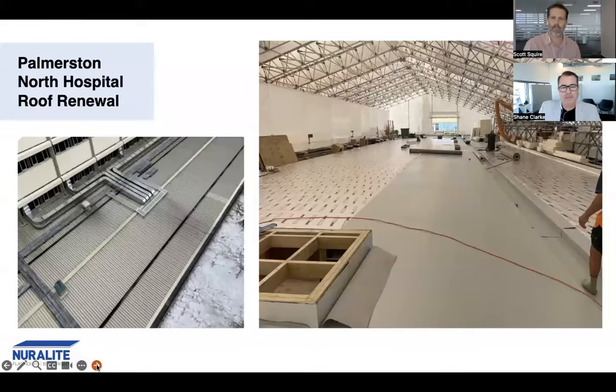So the image on the right there just illustrates the Nuratherm warm roof system with TPO. With the profile, we're somewhat flexible, so we can work in with a range of different profiles. If it's a standing seam profile, then we just use a piece of infill, and then the vapor barrier goes down, the new PIR, then the membrane.